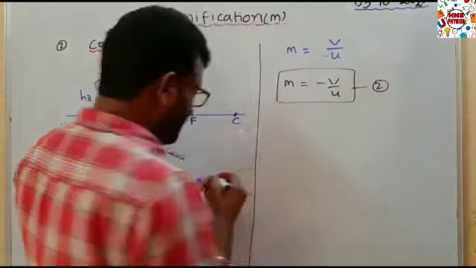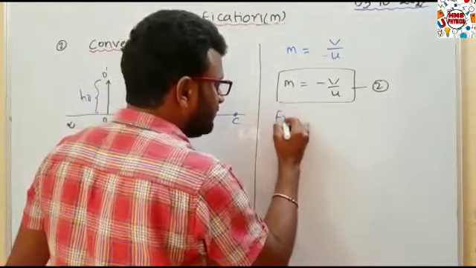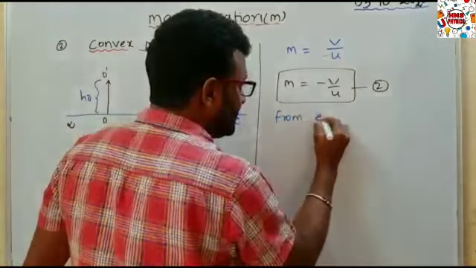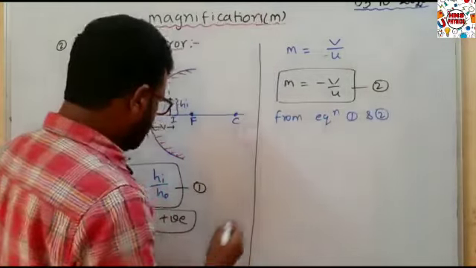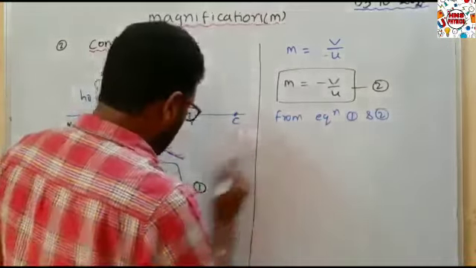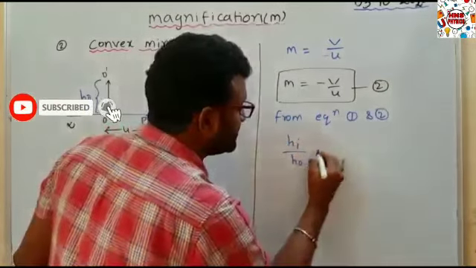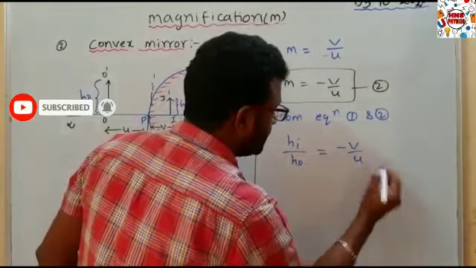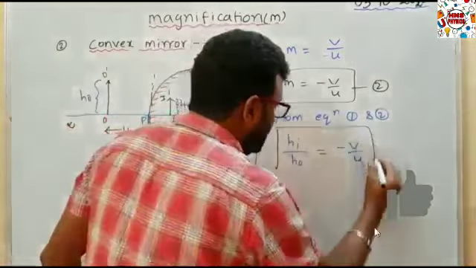From equations 1 and 2, we can write the magnification formula: M, the height of the image by the height of the object, is equal to minus V by U. This is the formula for magnification of a convex mirror.